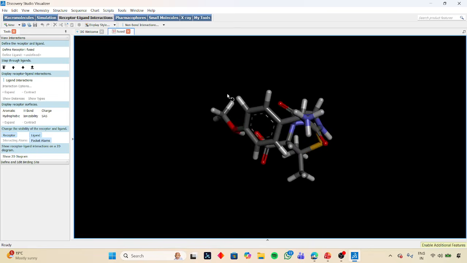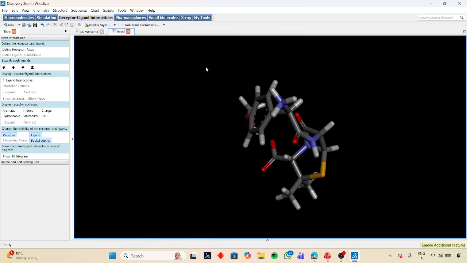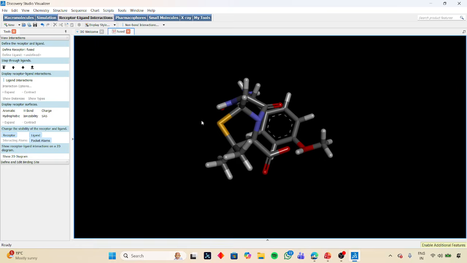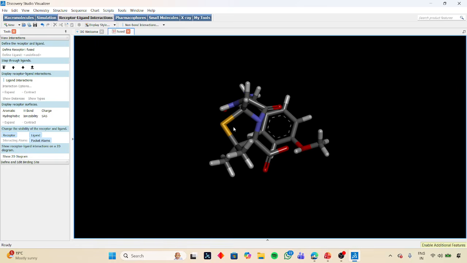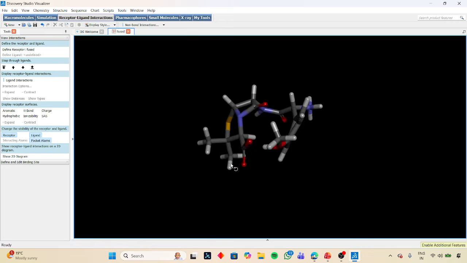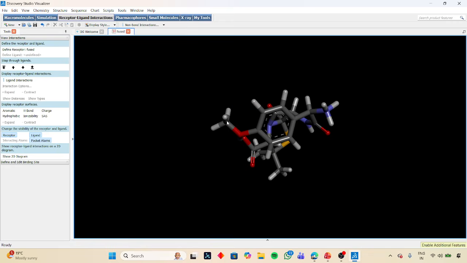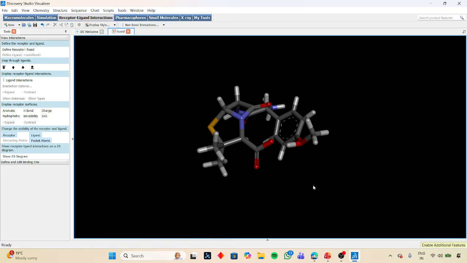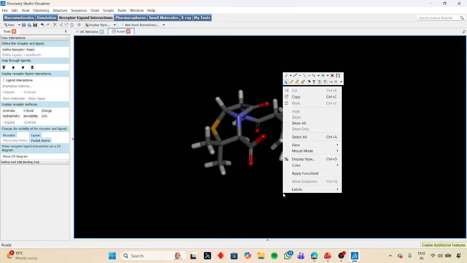Now you can see here that this is the five-member ring that is present, and here the CFC group has been added. You can see this one, the CFC group. In this way you can visualize all these things.